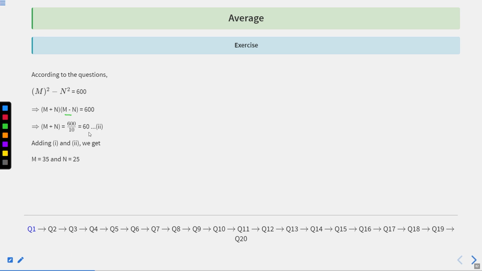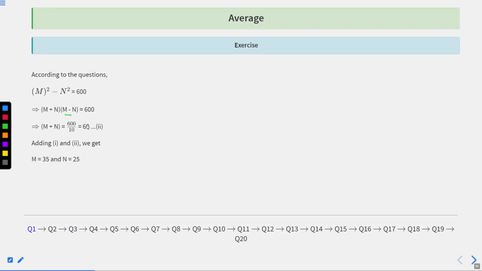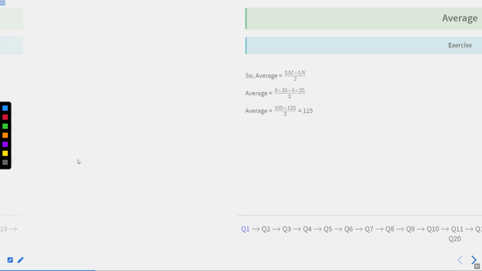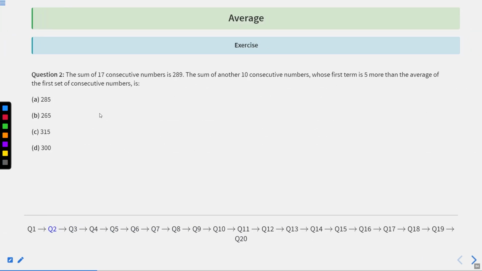So now adding 1 and 2, we get m equal to 35 and n equal to 25. So the average 3m plus 5n upon 2 will be equal to 3 times 35 plus 5 times 25 upon 2. So that will be 115. So the correct answer will be 115.